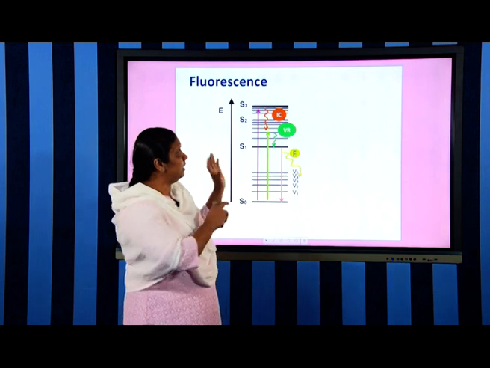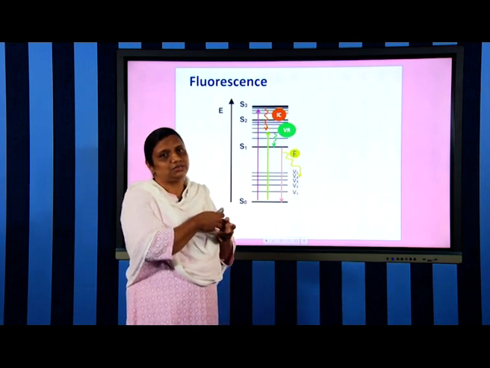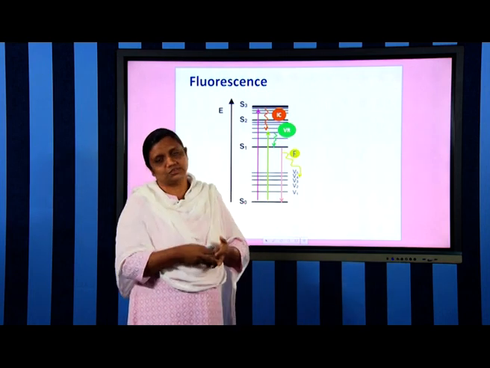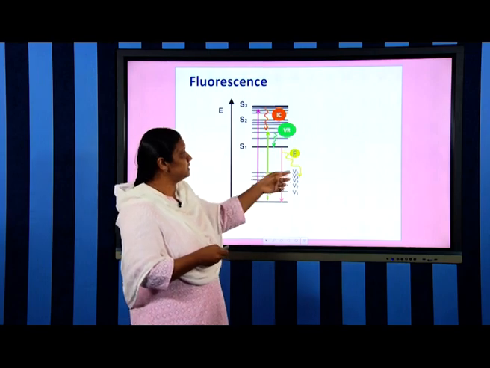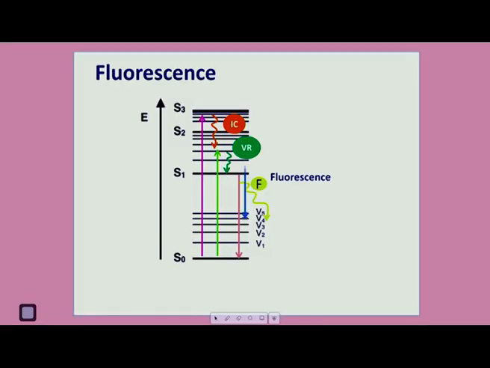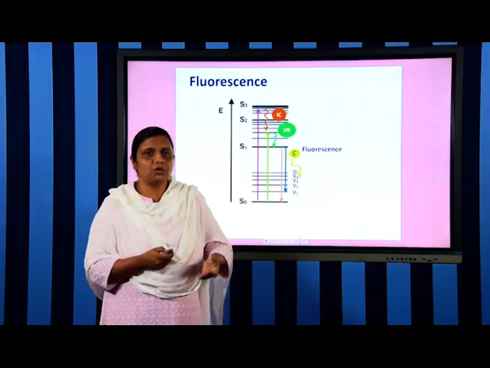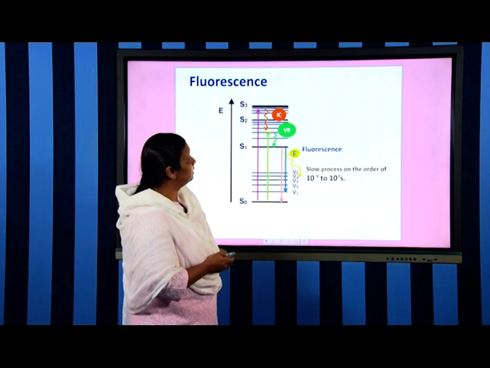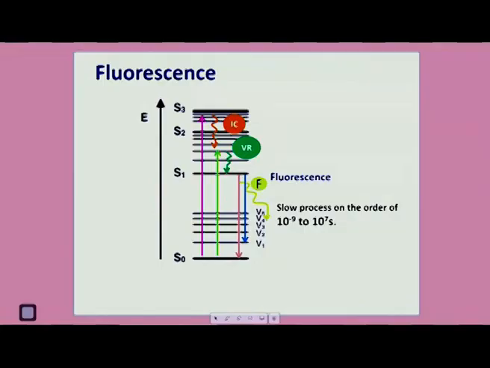So, remember when we talk about radiative transition, the radiation being emitted must fall within the UV visible range. Fluorescence can happen when the electron moves from the lowest vibrational level of the first excited state to the ground state, maybe a higher vibrational level of the ground state or the lowest vibrational level. This fluorescence is again a slow process compared to internal conversion and vibrational relaxation.